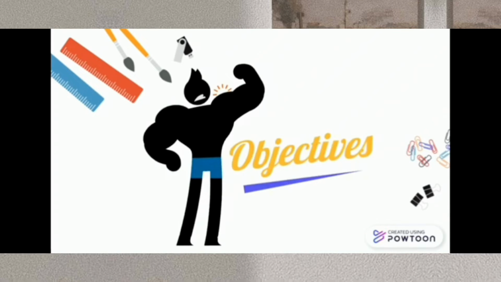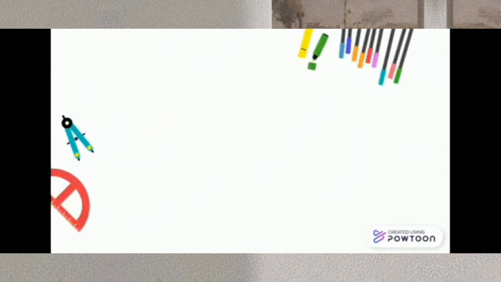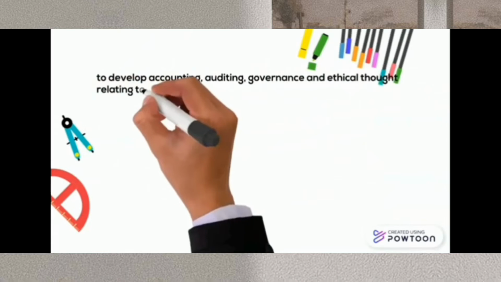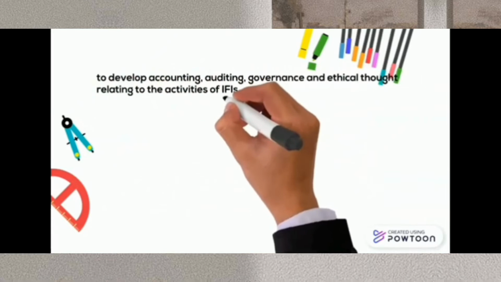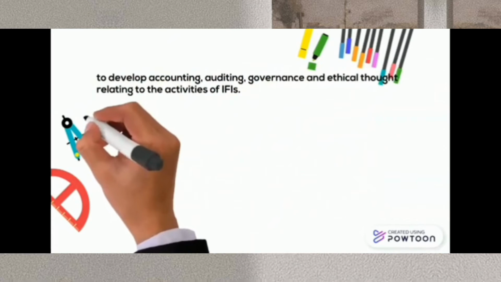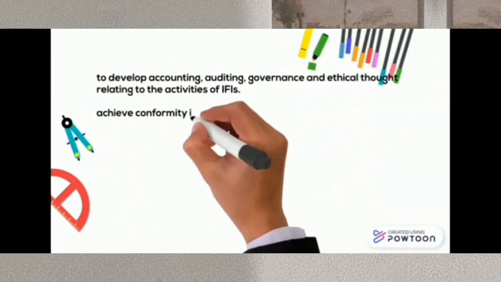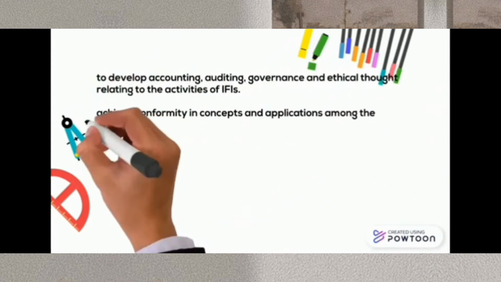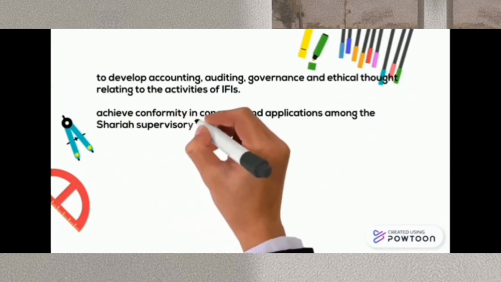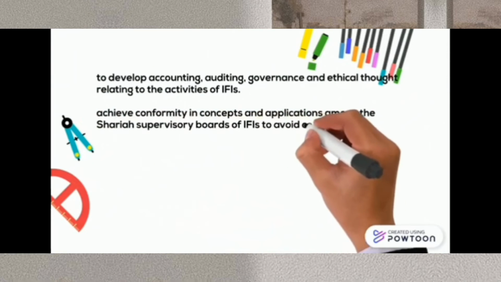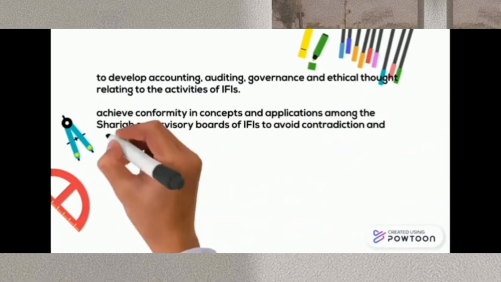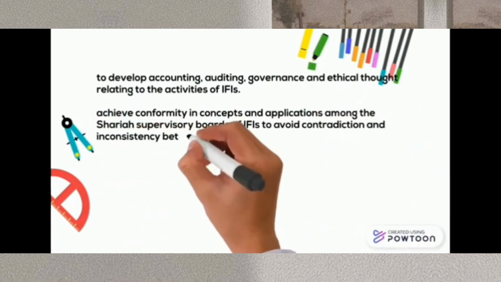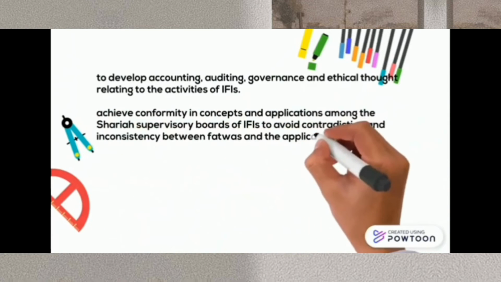Let us proceed to the objectives. To develop accounting, auditing, governance, and ethical thought relating to the activities of Islamic financial institutions. Achieve conformity in concept and application among the Sharia supervisory boards of Islamic financial institutions to avoid contradiction and inconsistency between fatwa and the applications by institutions.